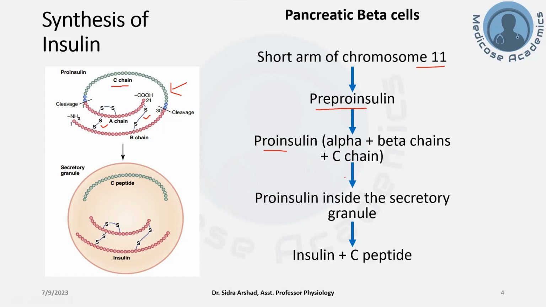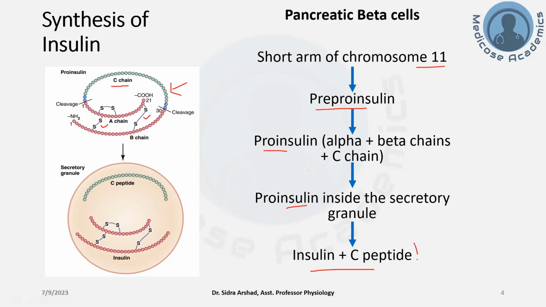The C chain is separated from the A and B chains. So the secretory granule contains insulin along with the C peptide. So the final product that is secreted out of the B cells or beta cells is insulin plus C peptide.